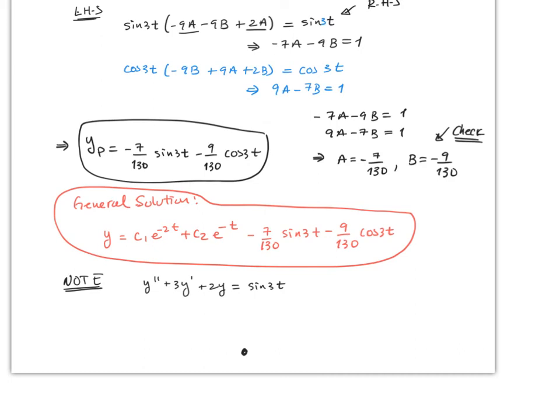If this was the case, the particular solution still has to be like this: a cosine 3t plus b sine 3t. So you still need to add both of them, sine and cosine. If the right side has sine or cosine, the reason why you need both of them is because remember the derivative of cosine is minus sine, and the derivative of sine is cosine. So you need to include both of them, even if this one only has 1.